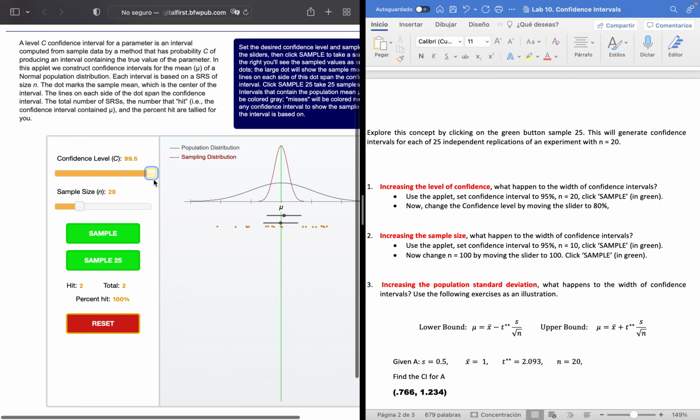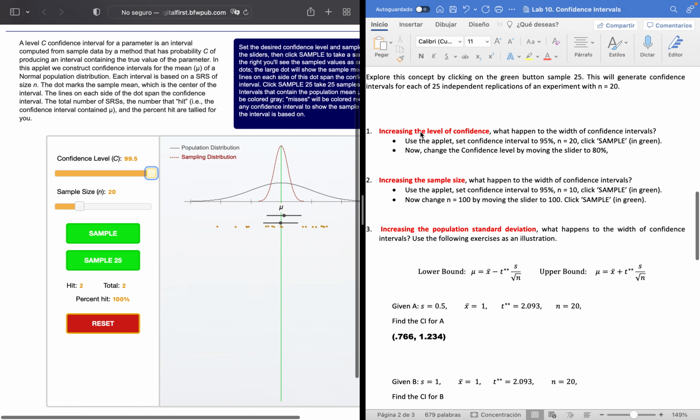So it doesn't keep the other one. Well, I'm sorry. So you can see that if we are reducing the level of confidence, what happens to the intervals? They are decreasing. You see that? If we increase the confidence level, the intervals are increasing.